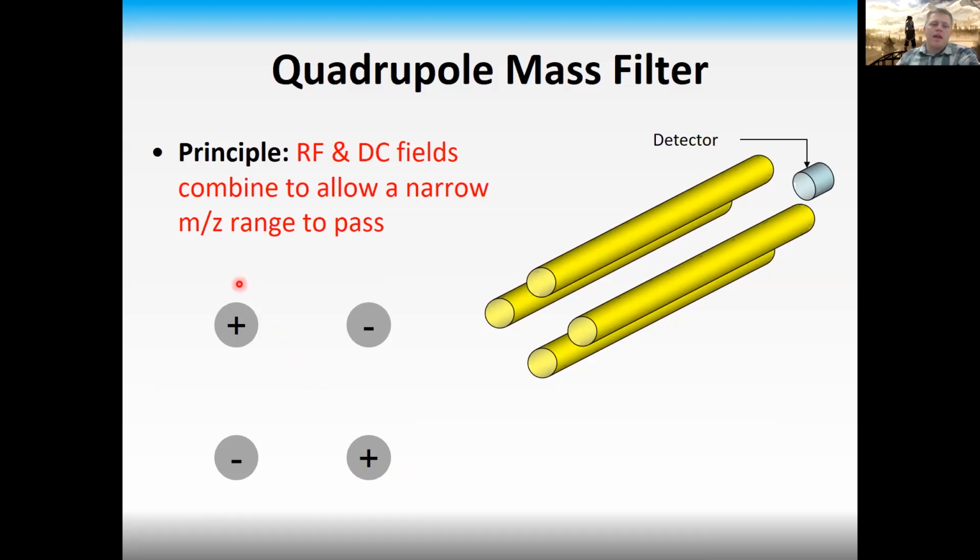At any given time, these positive poles have the same RF and DC potentials on them, and these negative poles have the same RF and DC potentials as each other, and usually the RF and DC potentials on the positive poles are the opposite of what they are on the negative poles. Okay, so that's a lot of information. Let's go through it a little more slowly and give some implications of it.